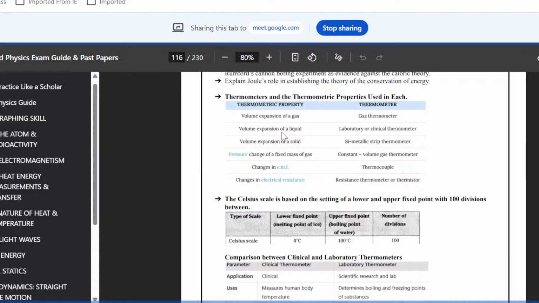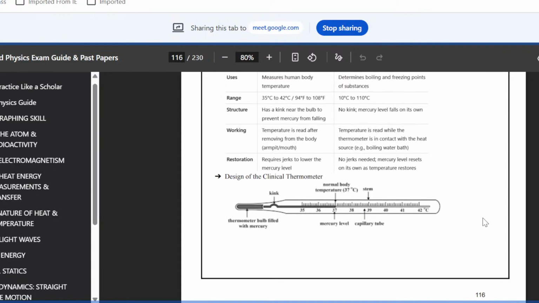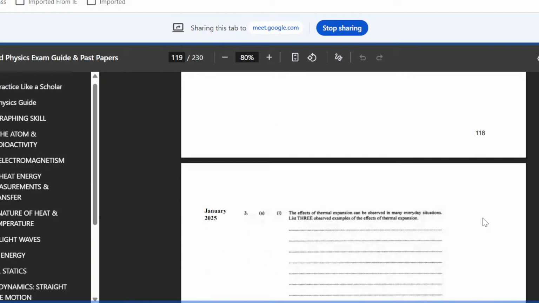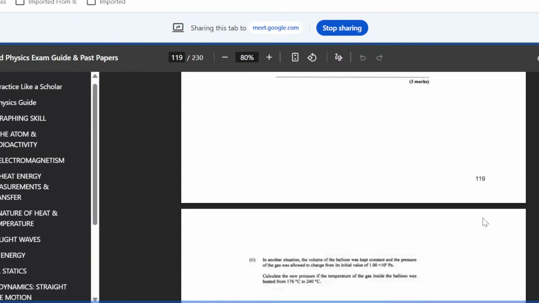So the liquid in the laboratory thermometer expands or contracts with temperature. Alright, so you have to be familiar with these. So you have the resistance thermometer and its property, you have thermocouple and its property, and those things. Alright, so this is a good set of things to know.